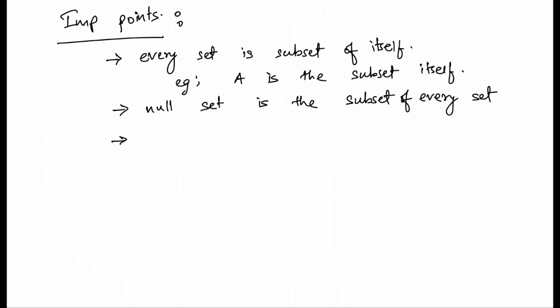Okay. Next point is if A is the subset of B and B is the subset of A, इसका मतलब क्या हुआ? A का सारा एलिमेंट B में है और B का सारा एलिमेंट A में है. तो इसका मतलब यही हुआ कि A and B are equal sets.